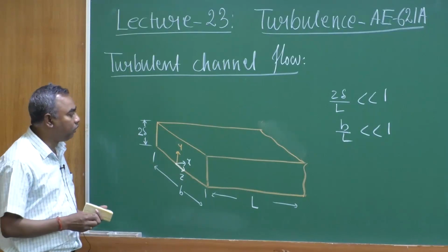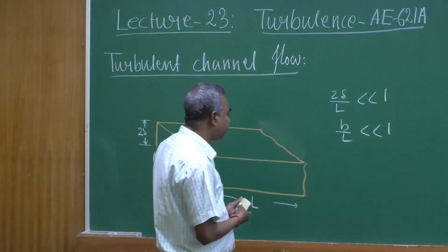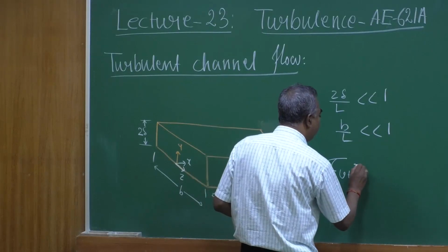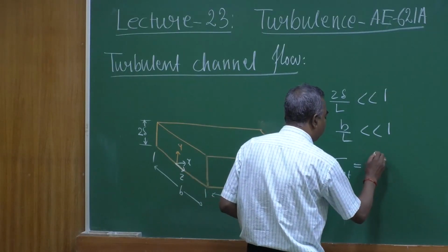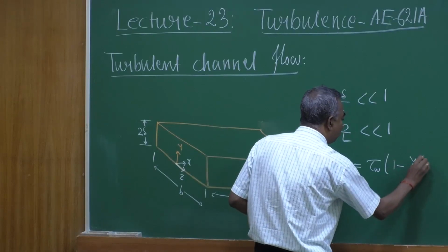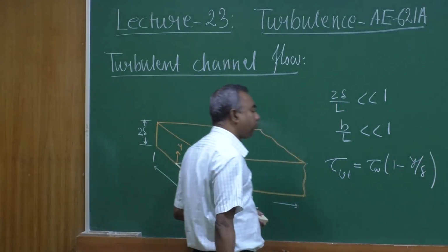So, for these flows we got that the total shear stress tau t, if you can remember, is given by tau w times 1 minus y by delta. Okay.